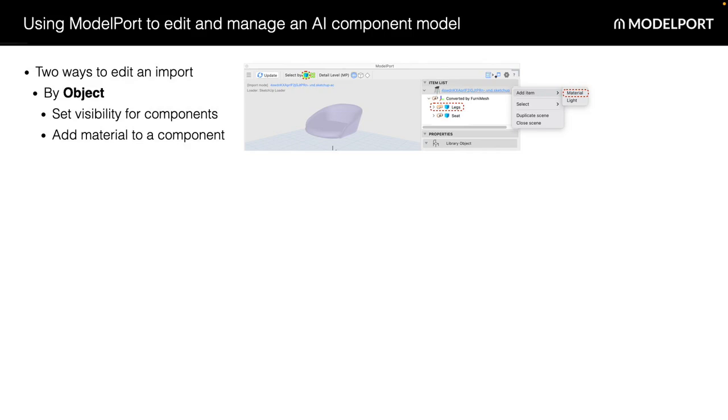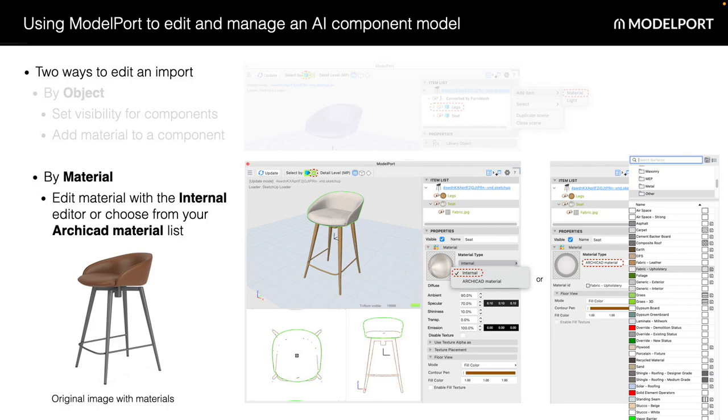So here I can go into ModelPort, right-click in the items list and add an item of a material. Once that's added, I can then drag and drop that material onto the chair or assign it to the seat, and then rename it, call it fabric, whatever I want to do, and now have a texture applied to that. It's really easy.